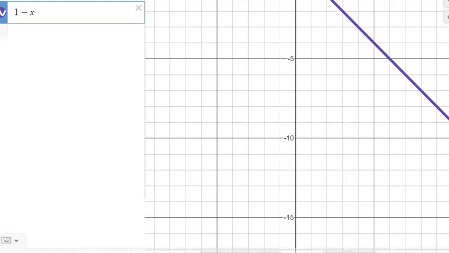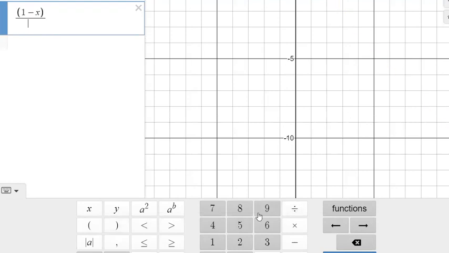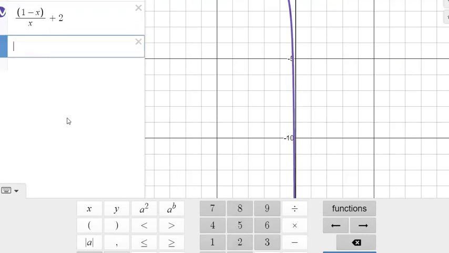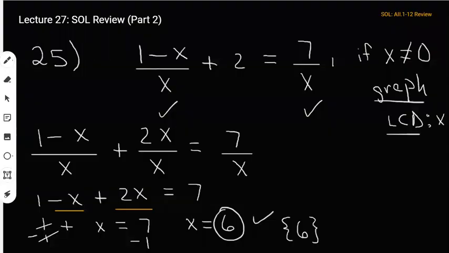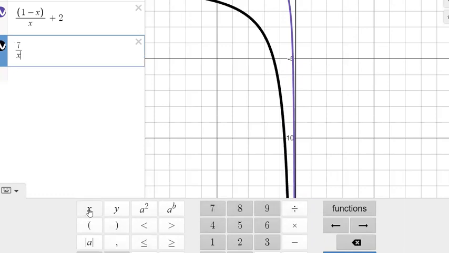And what I'm going to have to do is put this inside parentheses. Then I can divide by x like I want to. But then I have to add 2, right? And then the right side of the equation was 7 over x. So 7 divided by x.